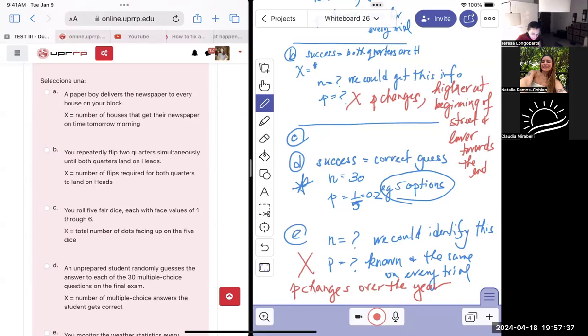In C, what's the problem with C? Let me first say this one is the answer here. A is no good, B is no good, E is no good, and D is the right one. So what's wrong with C?